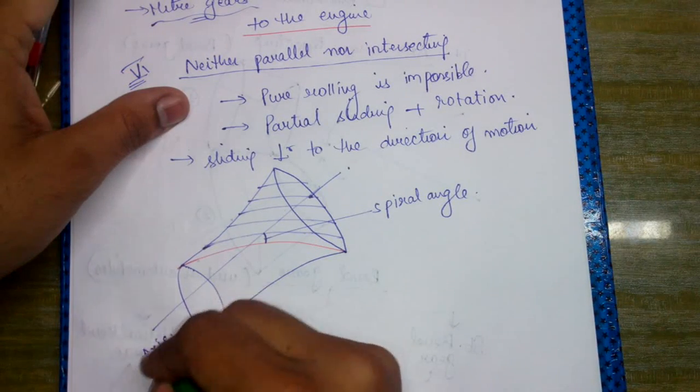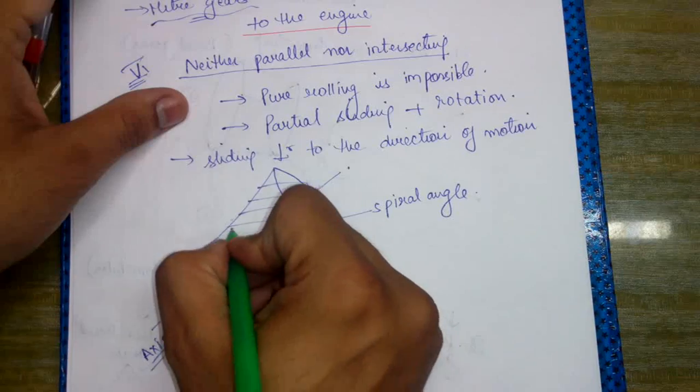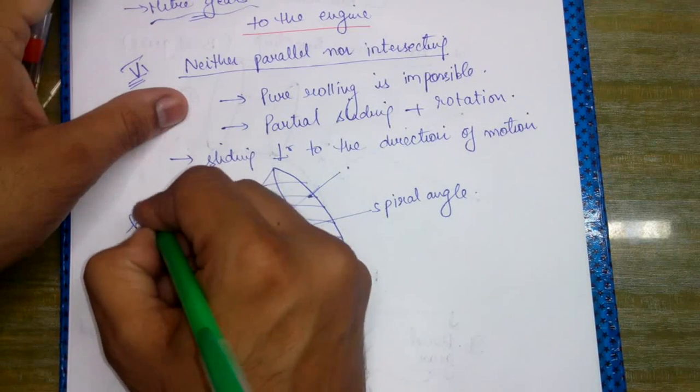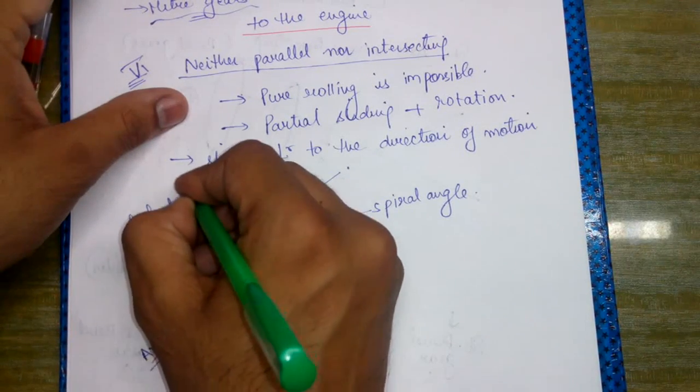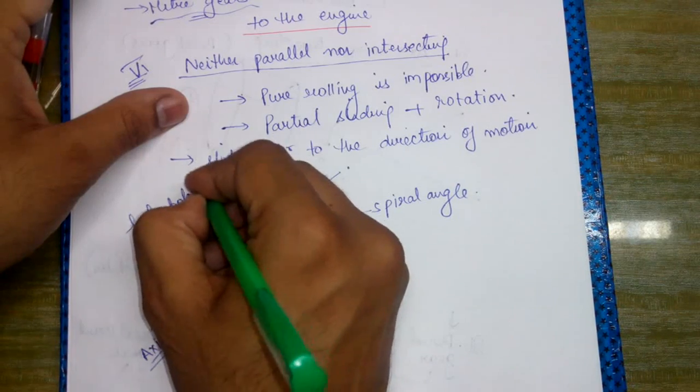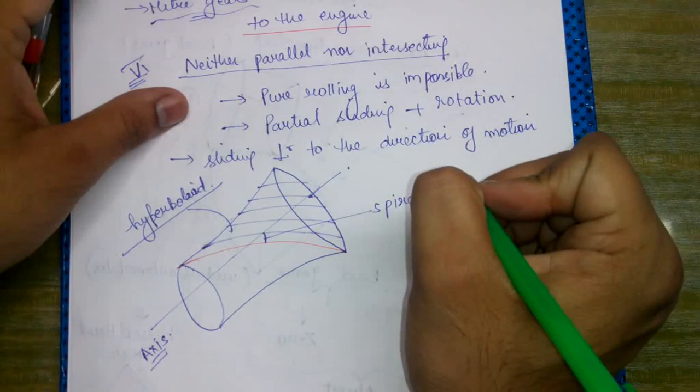This is the axis, and this surface is called the hyperboloid.